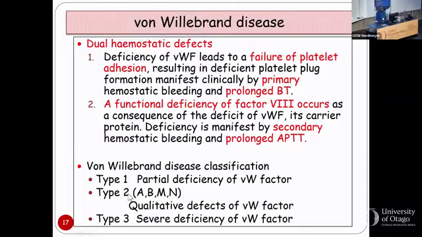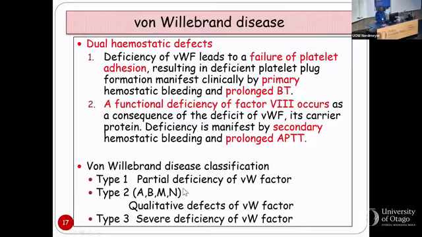Now, the other bit that I wanted to emphasize is this bit here. This is steeped in history. In the past, when we didn't care how we classify this thing, I'm sure people cared, I'm just joking, somebody decided that when there's a partial deficiency, we say it's type 1. When there is a really bad deficiency, where everything is gone and there's none of it left, we say it's type 3.